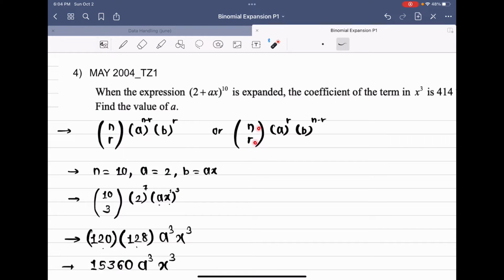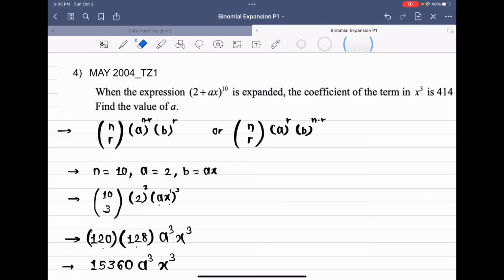Or you can use nCr where the first term will get power r, then b will get n minus r. Remember a times b, there is a multiplication of nCr, a and b, in all cases. If a is getting the full power of r, b will get n minus r. If b is getting the full power of r, then a is getting n minus r. The powers of a and b always add up to the total power. You can see n minus r plus r is n, or r plus n minus r, still it is n.